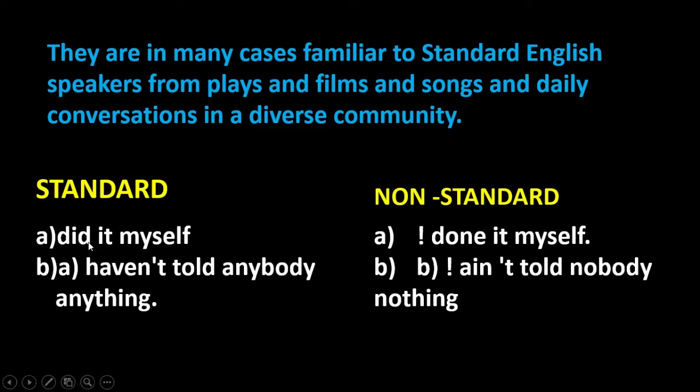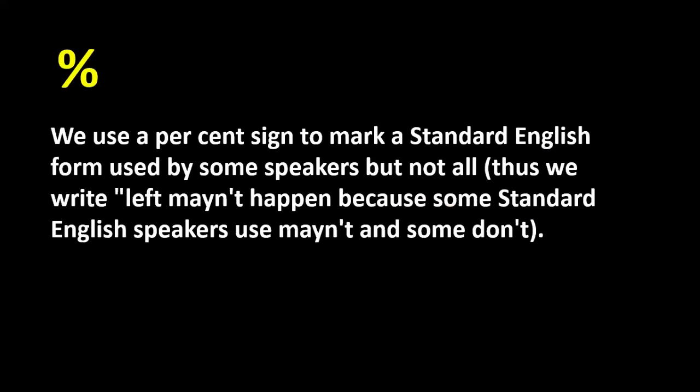In standard form we say "did it myself", and in non-standard I say "done it myself". Now, "haven't told anybody anything" and "ain't told anybody anything". You can have a look: there is a difference between "haven't" and "ain't", standard and non-standard. Now you can see a clear difference between standard and non-standard that occurs in British and American English too.